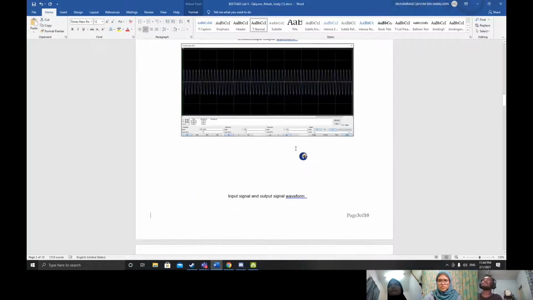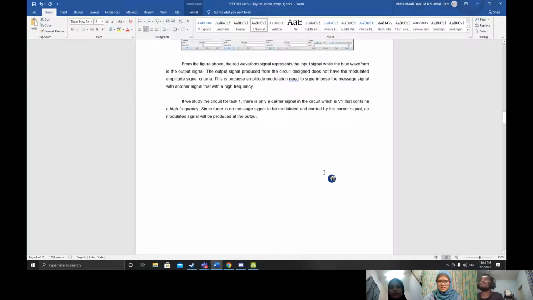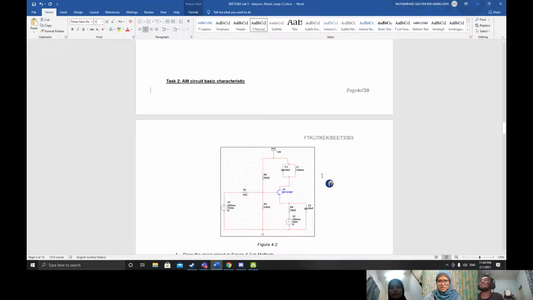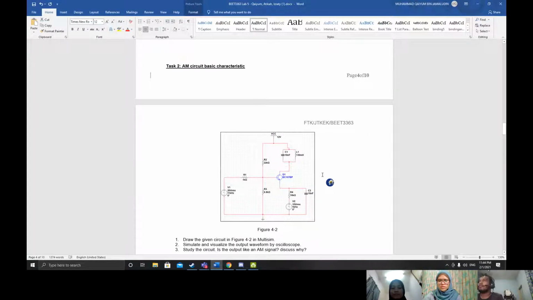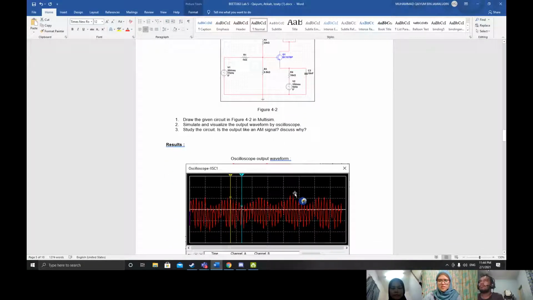And for task 2, we use the same circuit, but we add a message signal in series with the resistor. As a result, we can see that we can produce a modulated signal.